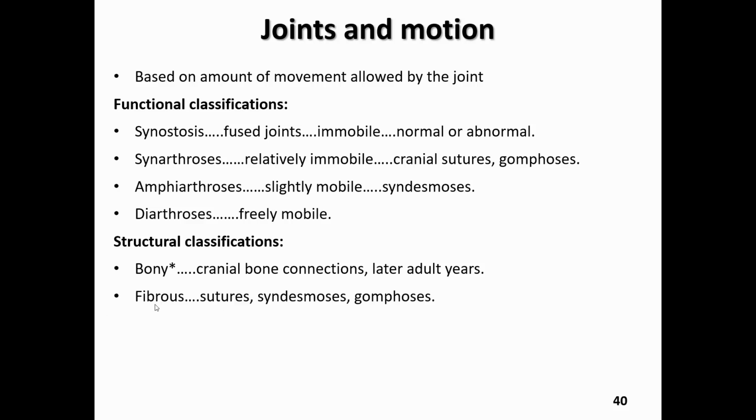Fibrous joints are named according to the fibrous connection of the connective tissue holding those bones together. Some examples here include the sutures of the cranial bones, particularly during the younger years, syndesmoses and gomphoses. Cartilaginous joints, the two examples that we'll see here shortly, include synchondroses and symphyses. And the synovial joint we'll cover on the next video.